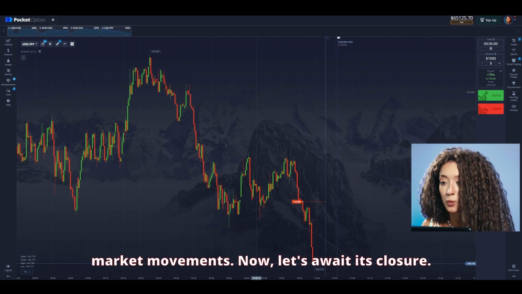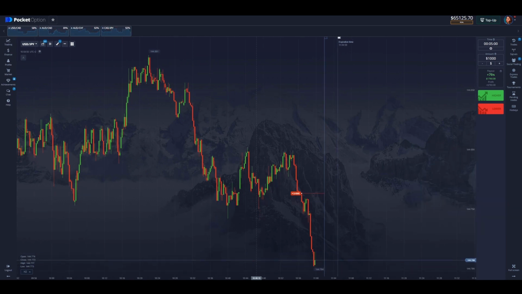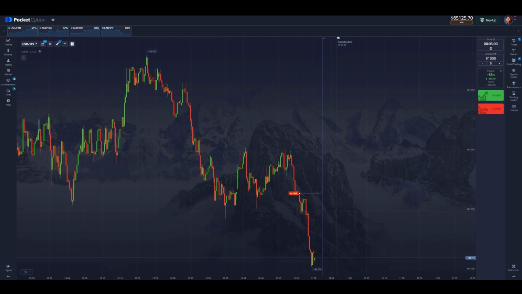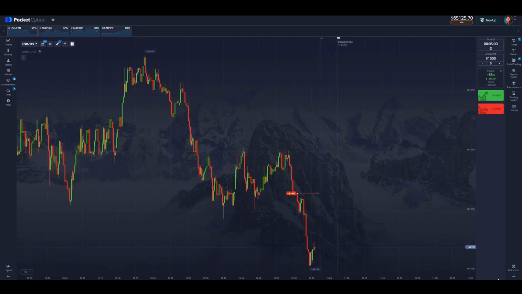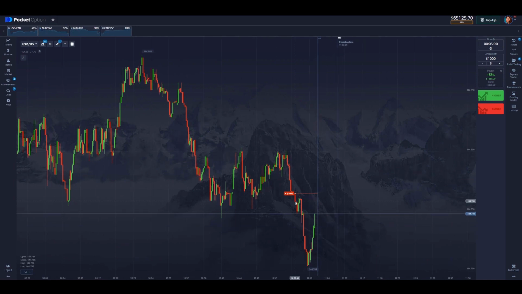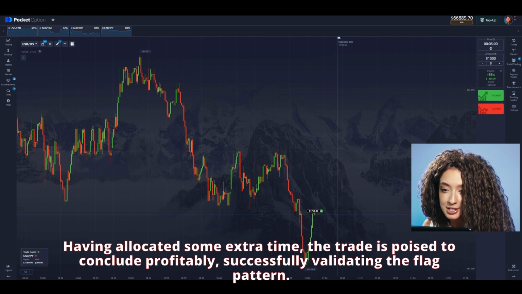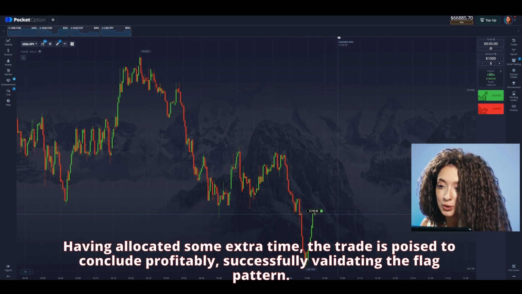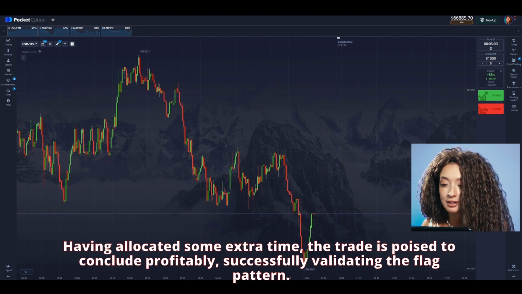Now, let's wait for its closure. Having allocated some extra time, the trade is poised to conclude profitably, successfully validating the flag pattern.